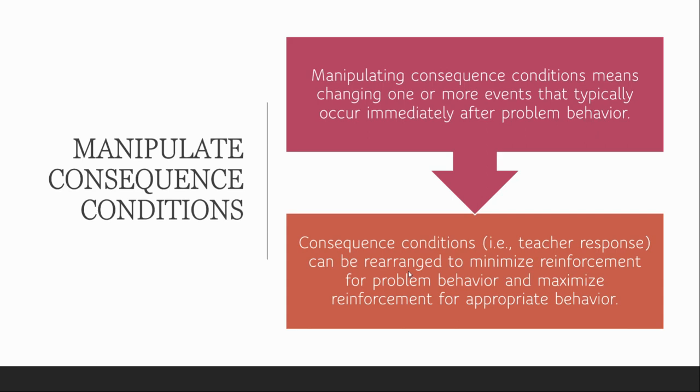We can change the way we respond to behavior to decrease the likelihood that that problem behavior is going to continue to occur, and increase the likelihood that that appropriate behavior is going to happen again. It's very important that the team thinks about what those consequences are, and that teachers have been trained how to use those in that classroom.